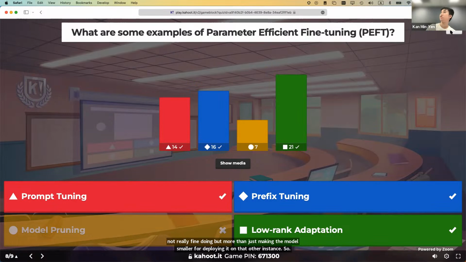On the other hand, the other three actually are parameter efficient fine tuning. For the red and the blue, when you do prompt and prefix tuning, you're trying to insert additional info into the prompt itself. Prefix tuning is the same as prompt tuning, but you're also doing something with the attention values, the key and the value. Is it the key and the value, right? I forgot whether it's query and key, or key and value.